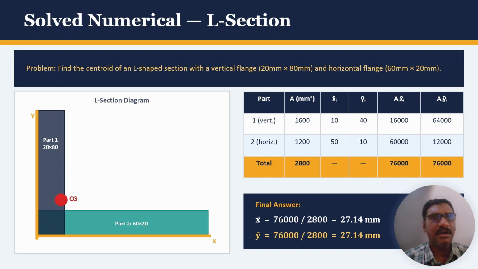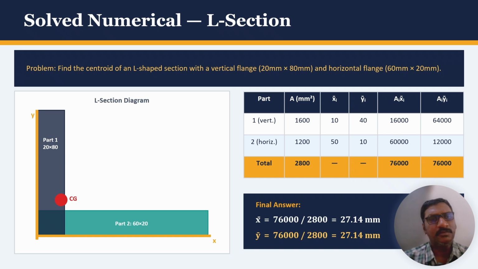Yes, x bar 2 equals 30 mm from the reference. But let me reconsider, the classic L section has the horizontal flange starting at x equals 0 on the left, extending 60 mm to the right, and occupying y equals 0 to y equals 20 mm in height. So for part 2, x bar 2 equals 60 by 2, that equals 30 mm.